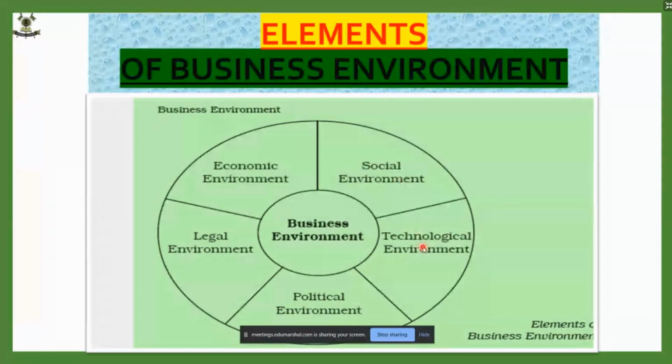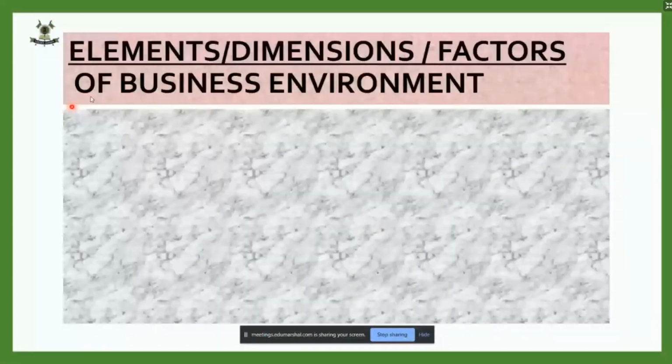The business environment comprises these aspects, these elements, these factors. The words elements, dimensions, and factors mean one and the same thing. If a question asks you to identify the elements, dimensions, or factors of business environment, it is one and the same thing. It includes all the factors: social, political, legal, technological, and economic.